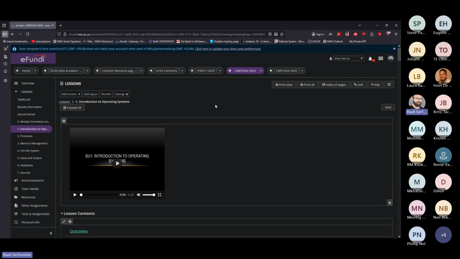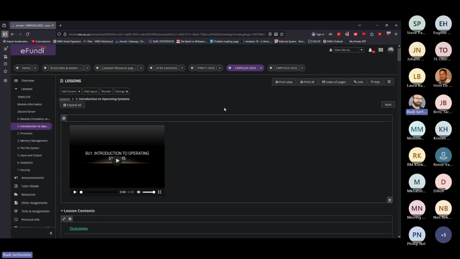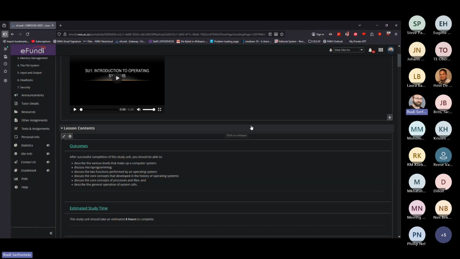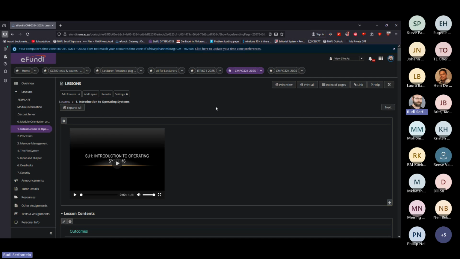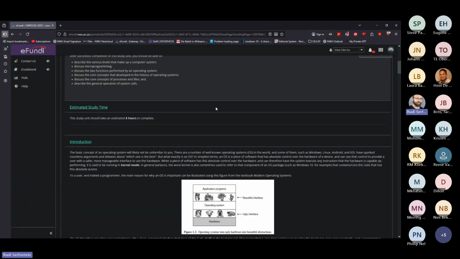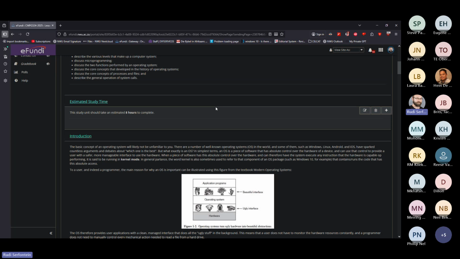Okay, so we'll start quickly with study unit 1, which is Introduction to Operating Systems. As part of this study unit, I'm going to highlight that there are a few changes from past exam papers. For those of you that study using exam papers, use them to exercise as practice.